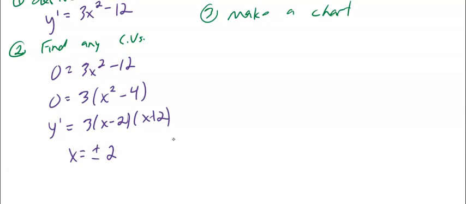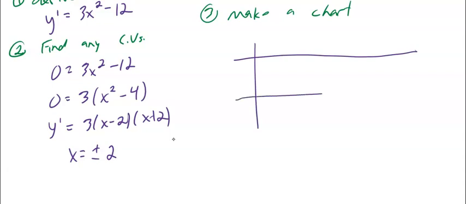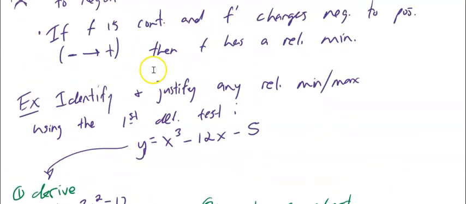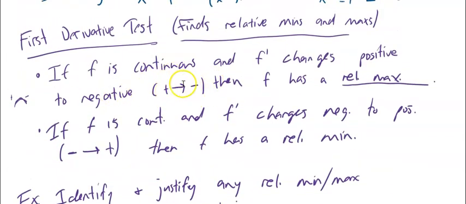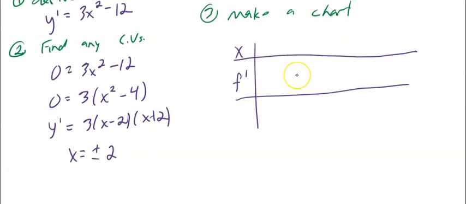So, what's my chart going to look like? It's going to have 3 rows. The top row is going to be x values, related to these plus or minus 2. The next row is going to be f prime. And actually, all I care about is whether f prime is positive or negative, so that I can look at when these changes happen. And then the last row is going to be f, and this is going to help me visualize what's going on with the function.